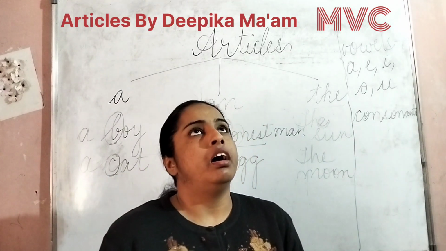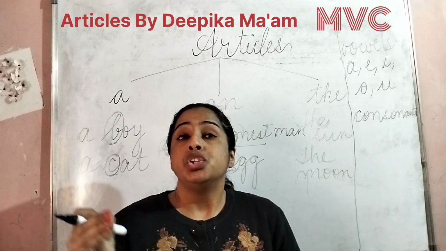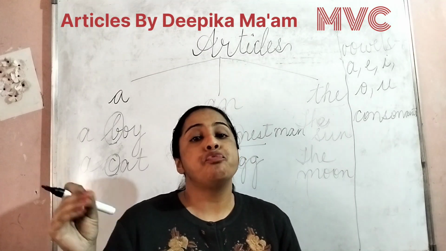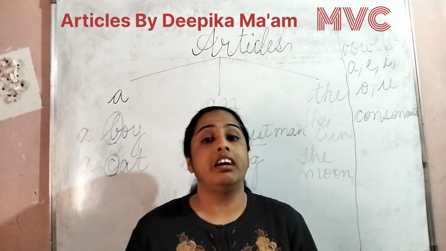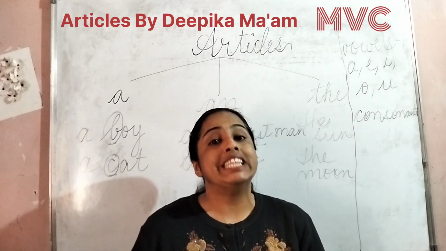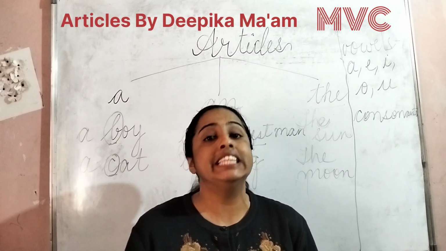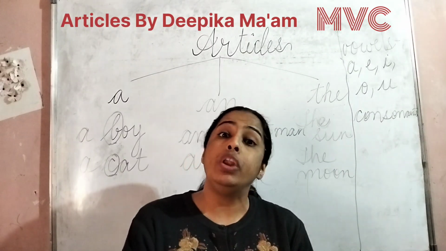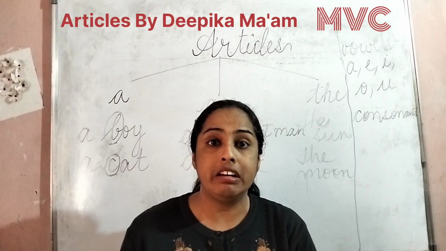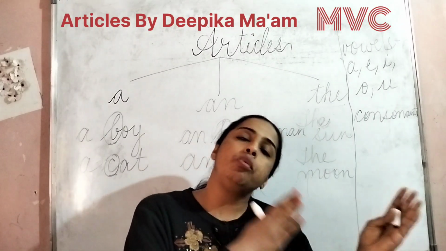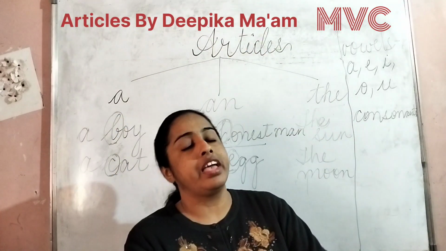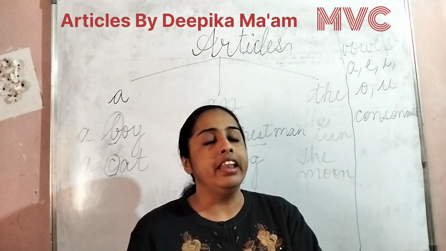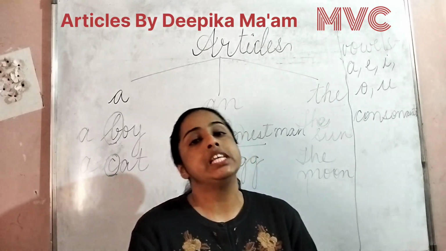Like, Sita came first in class. She is the only girl who has come first consecutively for 5 years. She is the only girl. Means I have been already talking about Sita, and I'm referring to that specific girl again. So for that also I use the.